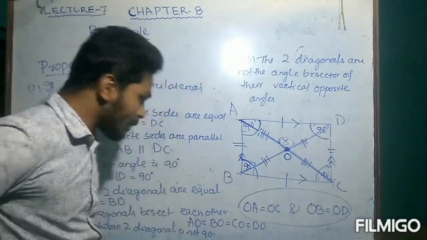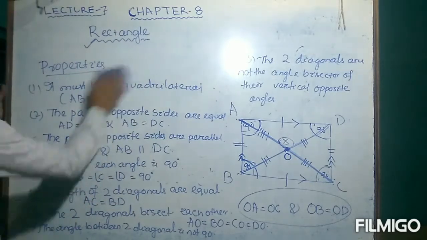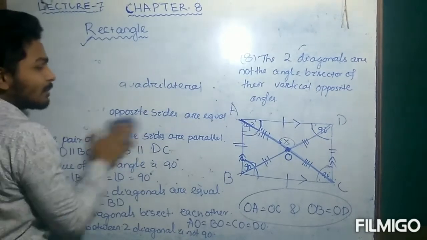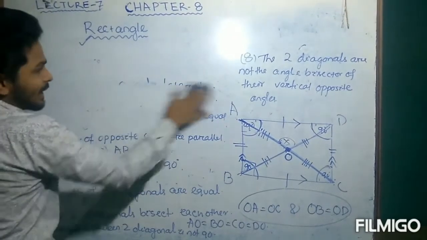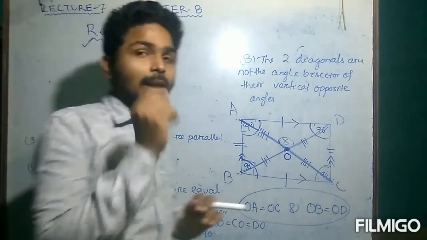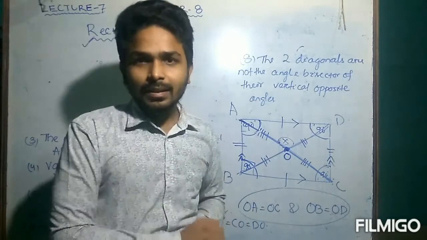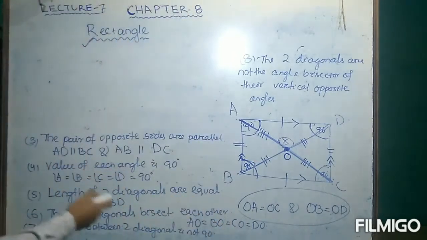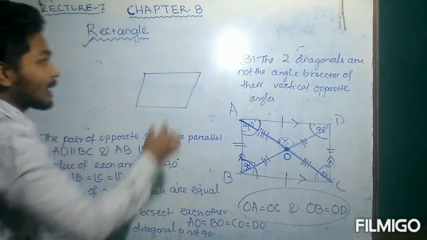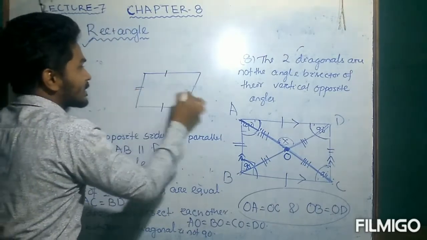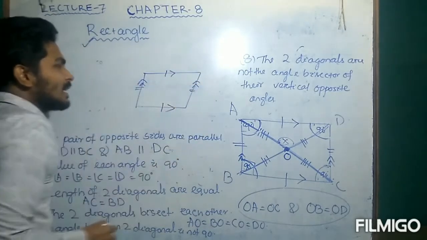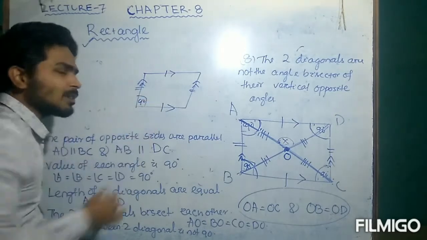Okay, so let us discuss this matter. First question is whether a parallelogram can be a rectangle. In order to be a rectangle, a parallelogram has to follow some properties of a rectangle, right? Though in the case of a parallelogram, the opposite sides are equal, yes. The opposite sides are parallel, yes. But is the angle 90 degrees in a parallelogram?